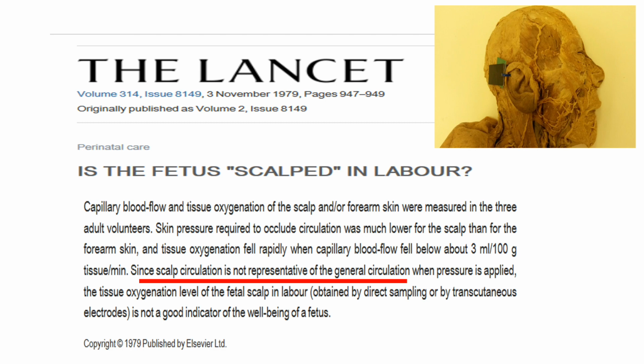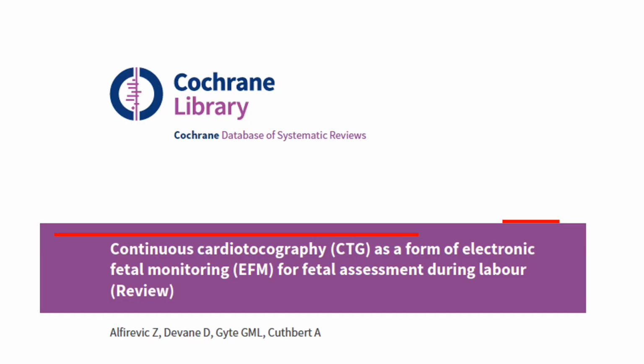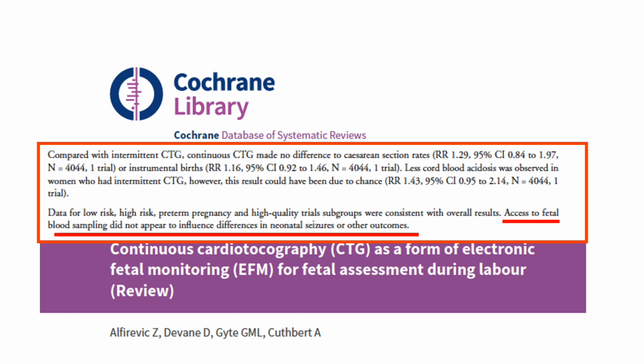Approximately 40 years ago, in the high-impact journal The Lancet, it was shown that fetal scalp is not a good indicator of fetal oxygenation. In fact, there have been 3 separate Cochrane reviews in 2006, 2013, and 2017.